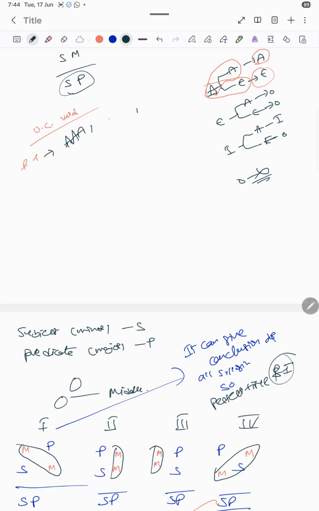I mean, E is mapped with A, again you get A. Okay. Next, this is unconditionally valid.